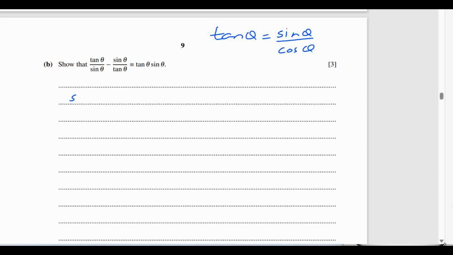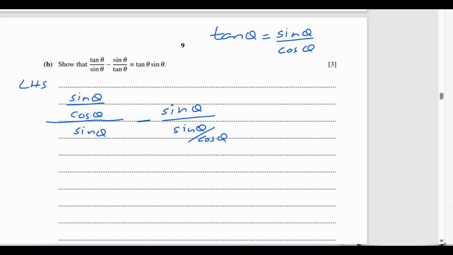So from here we can see that sine theta divided by cos theta whole is divided by sine theta minus, basically this is the left hand side, so minus sine theta divided by sine theta by cos theta, and if we simply rearrange it, this will become 1 by cos theta minus cos theta.